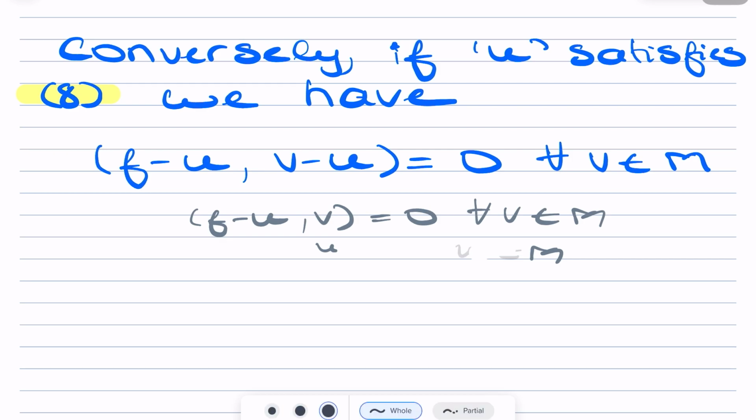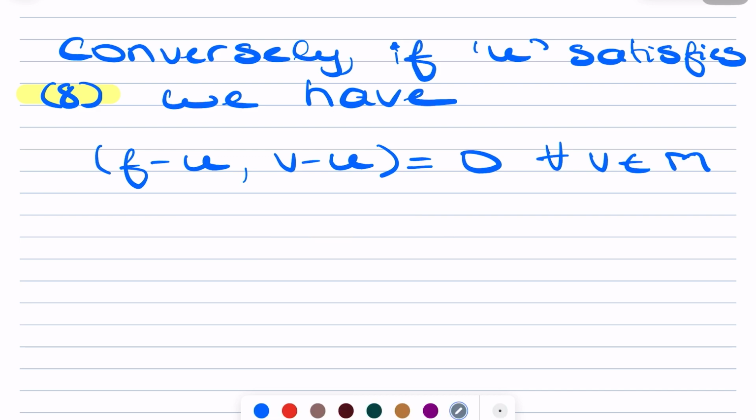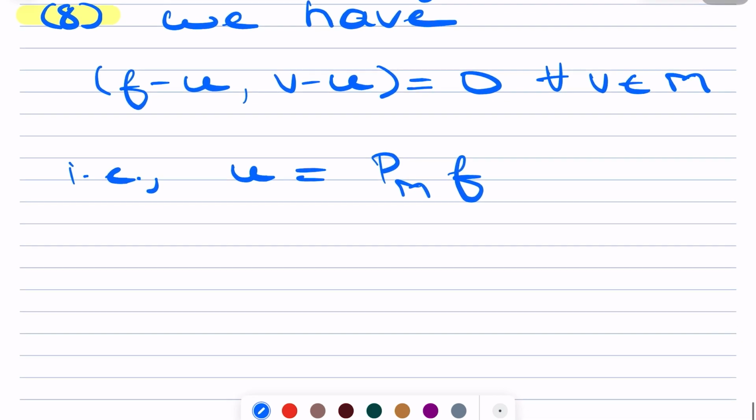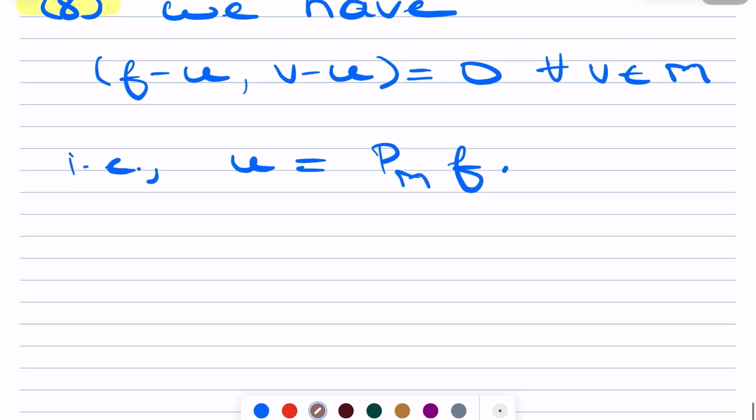So this holds, and this means u is exactly the projection of f onto M. Good.